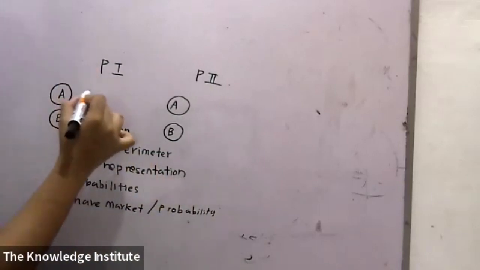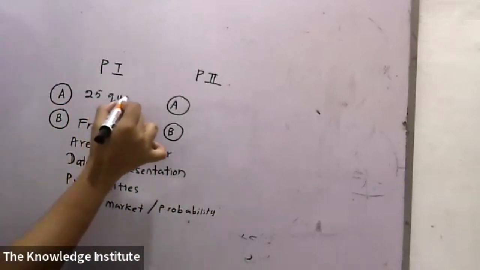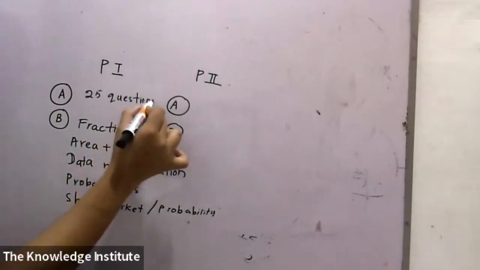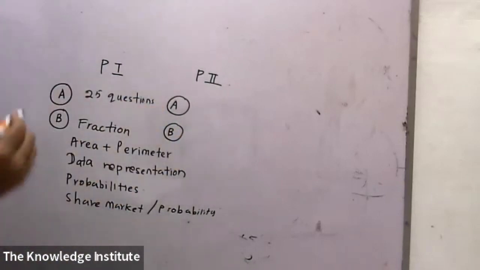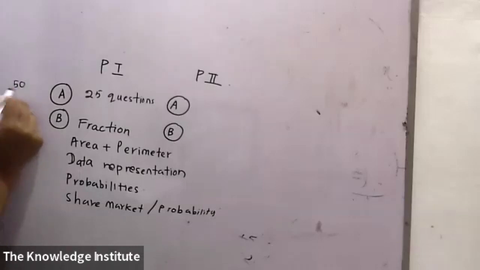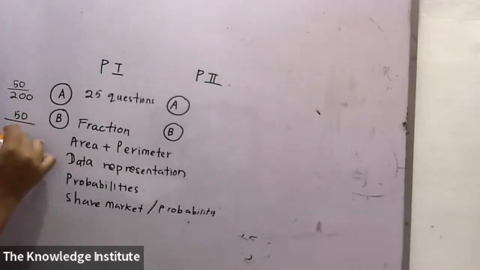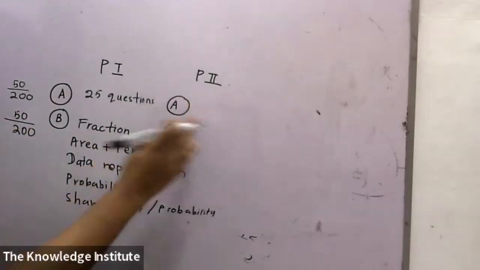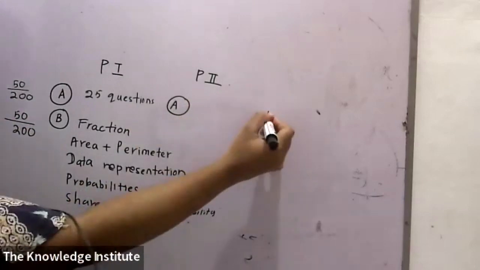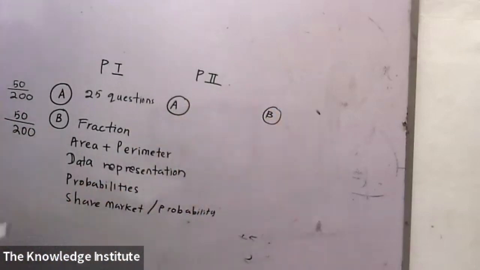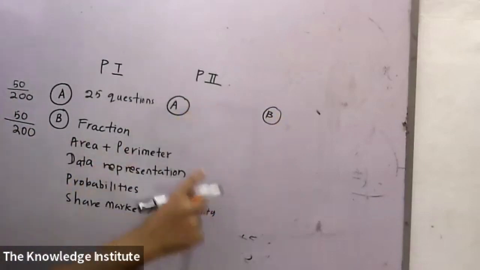Okay, this is out of 25 questions now. You will get around 25 questions in part 1A. So what you're going to do, you're going to score 50 out of 200 for part A. And then part B in part 1, you're going to score 50 out of 200. Again, when it comes to part 2, we have part A and part B. You will get all together 6 questions.